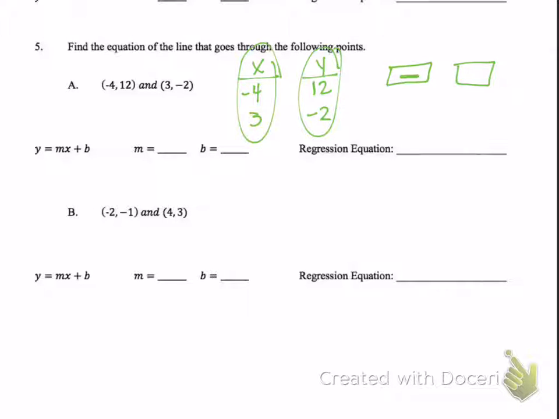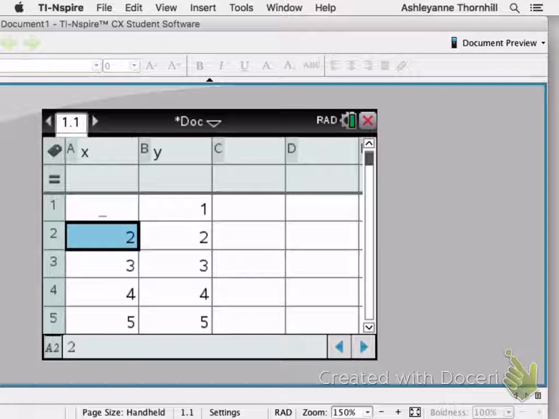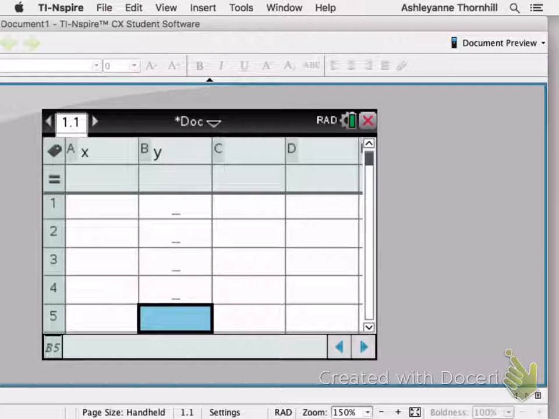Let me show you what I'm talking about. When you delete something, it has that little dash, so hit delete again. For mine, it's not going away, but it should go away for yours. There we go. If you hit delete enough times, I've found that it just goes away.